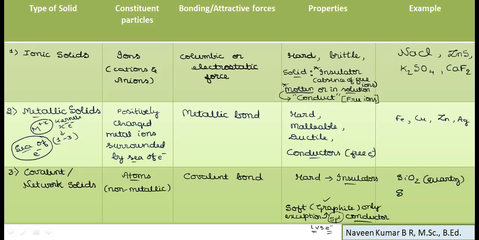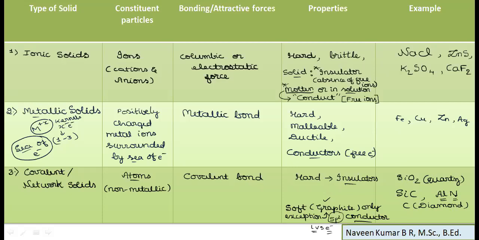Then silicon carbide, again silicon and carbon act as constituent particles. Carbon, we can take allotropic forms. Diamond and graphite can be given as examples. Aluminium nitride can be taken, where aluminium and nitrogen are the constituent atoms.